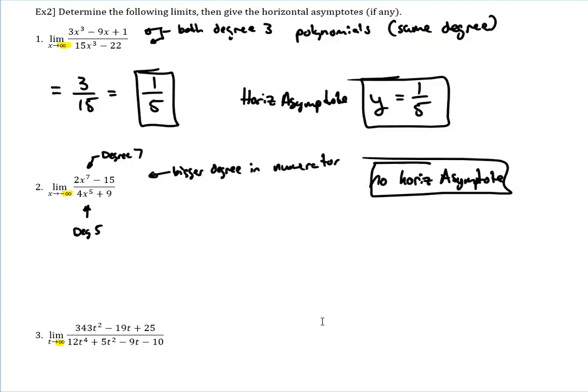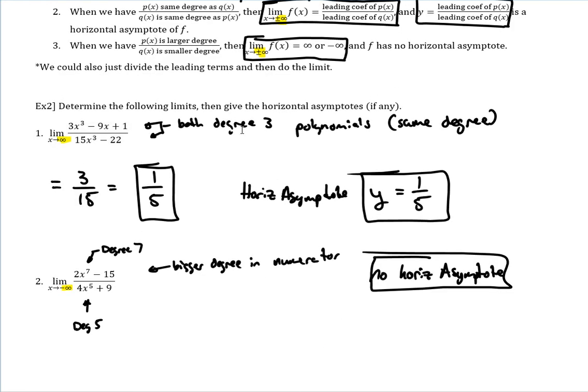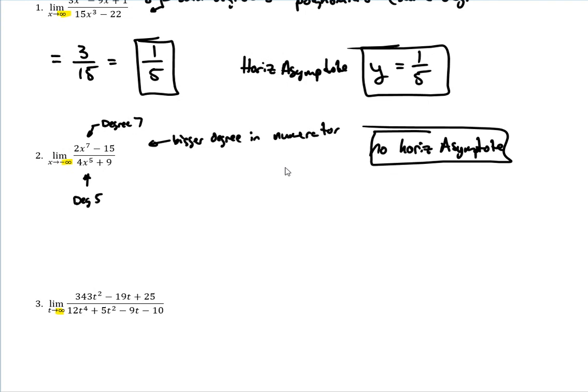If our graph is kind of weird and maybe we don't trust it, here's where taking this star note could kind of help. So we could say, hey, how about we just divide those leading terms? So this is the same as 2x to the 7 over 4x to the 5th. And then we could simplify. So we've got the limit as x goes to negative infinity.